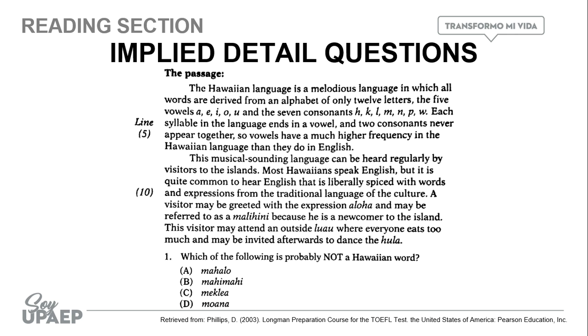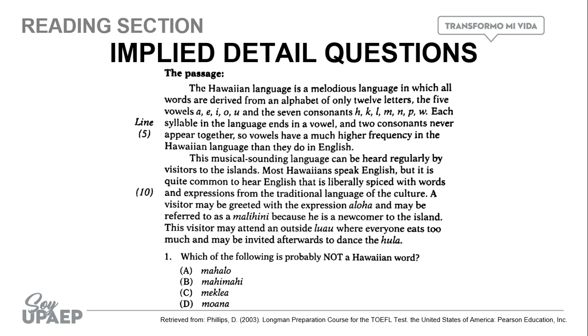We start by reading the first question of each passage, and then we find the answer for the question. Remember, you will have to read between the lines, because the answers will not be clearly stated. So here you have a question. Which of the following is probably not a Hawaiian word?